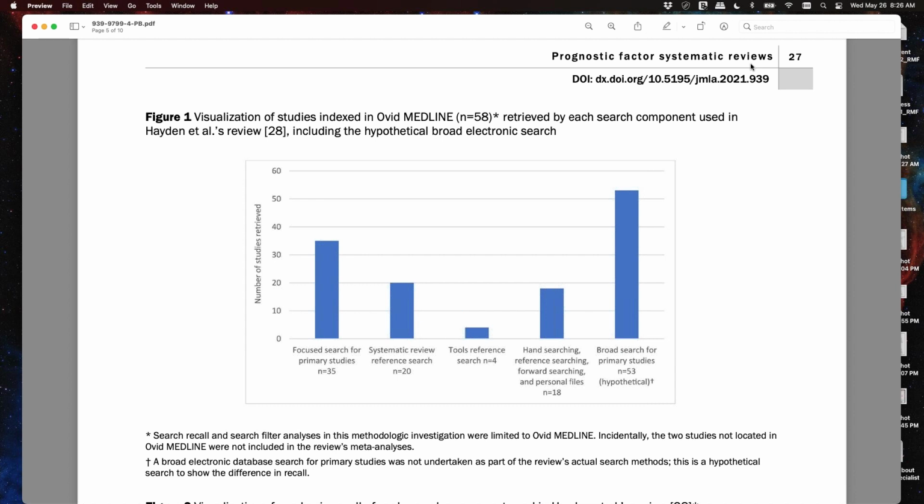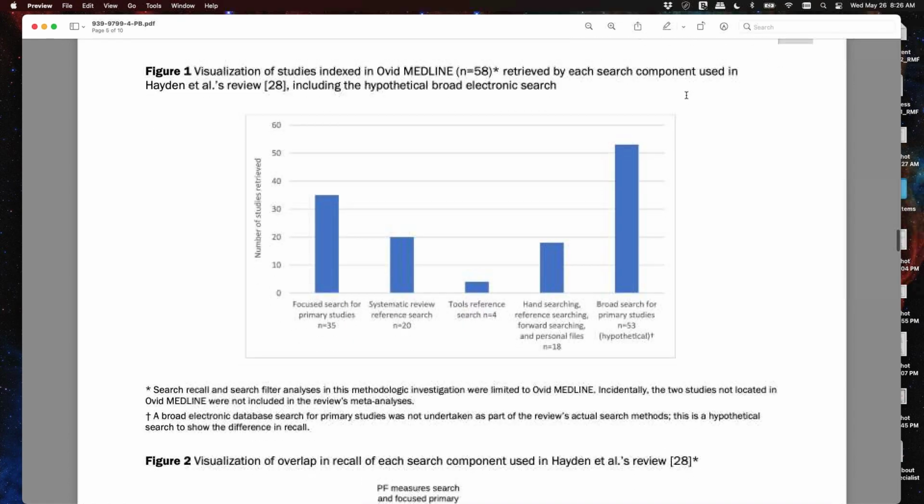They found that, and that's a really interesting finding, the focused search retrieved 1,332 records, and the broad search retrieved 15,242 records. So that's a big, important difference. Basically the focused search is a 90% reduction in the number of retrieved records.